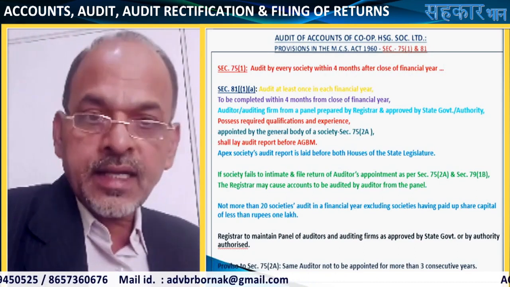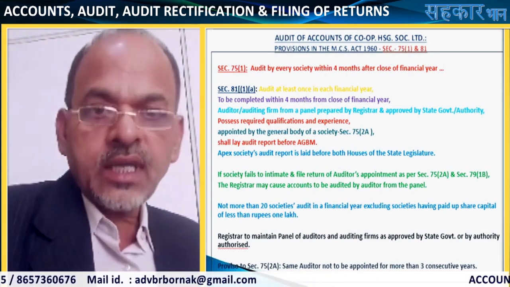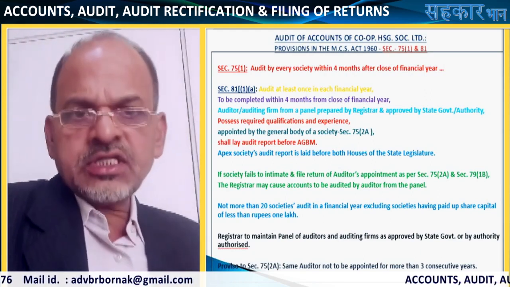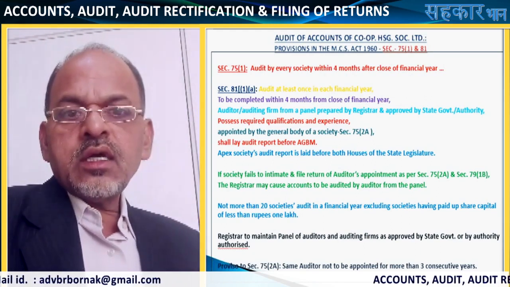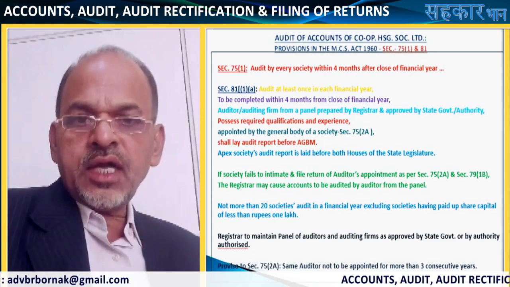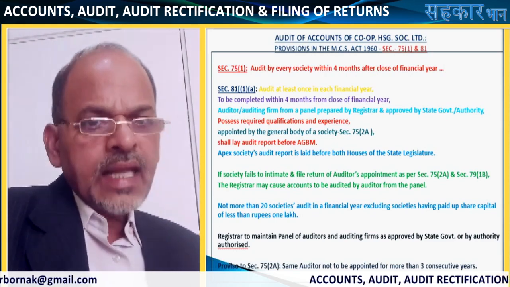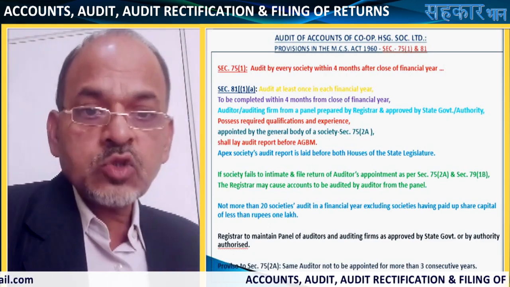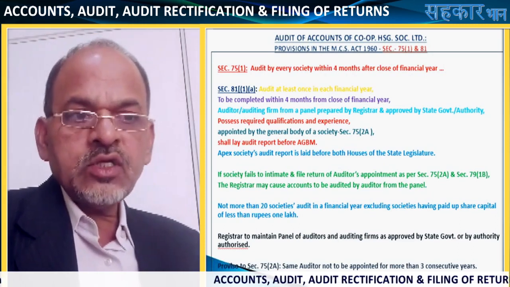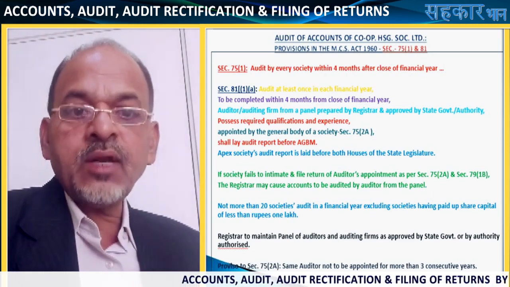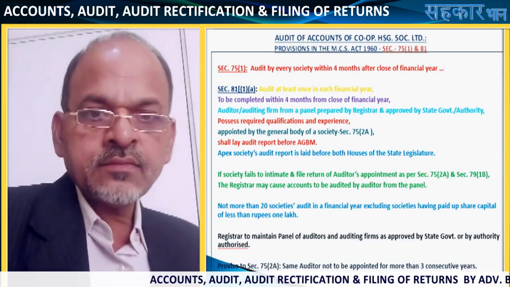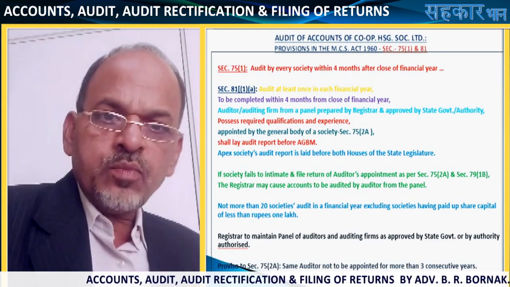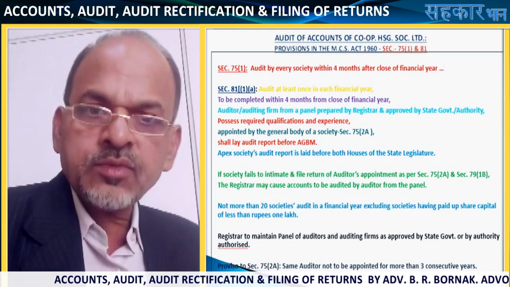Okay. Now there is a restriction on an auditor or auditing firm: they cannot carry out the audit of more than 20 societies, excluding societies having paid up share capital of less than rupees 1 lakh. Means if the paid up share capital of the cooperative housing society or cooperative society is less than rupees 1 lakh, these societies are not counted in this 20.